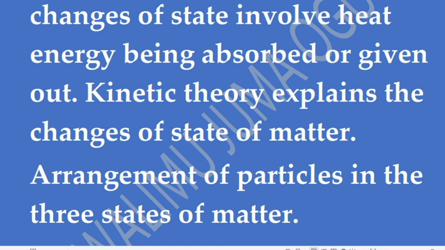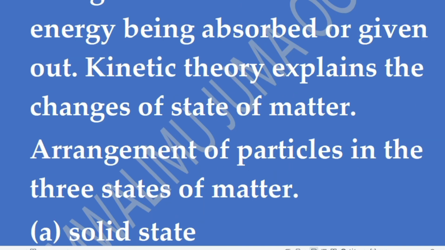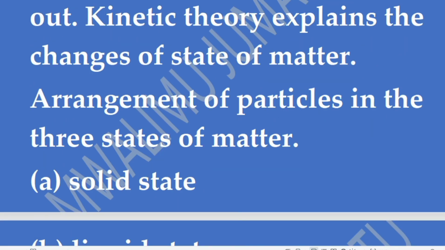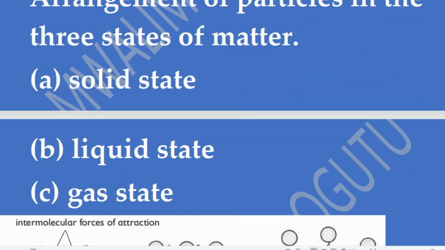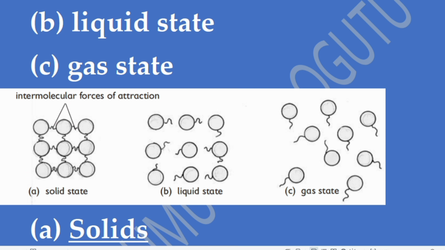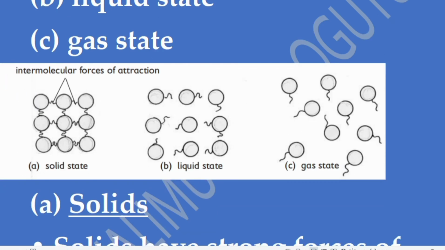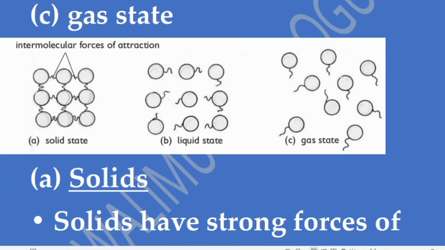The arrangement of particles in the three states of matter, that is solid, liquid, and gas, is as follows. In this image, you have just indicated how they are arranged. Between the particles, you have intermolecular forces of attraction, which are the ones that hold the particles together.